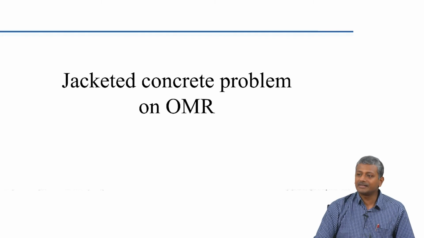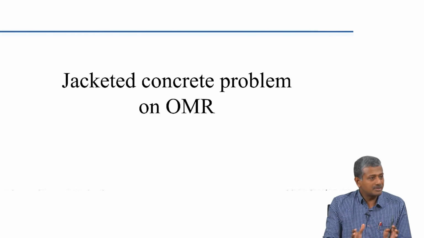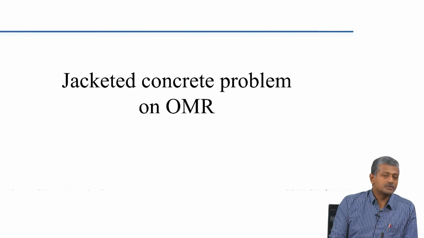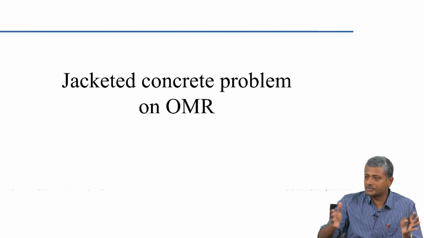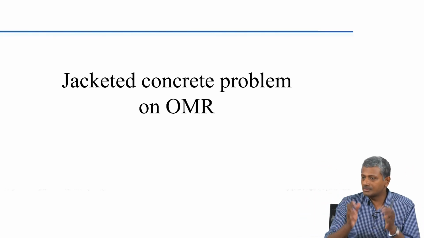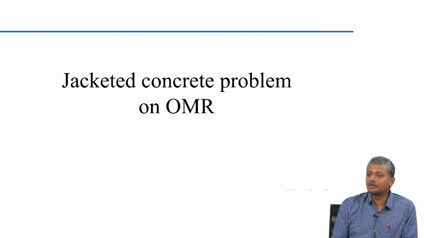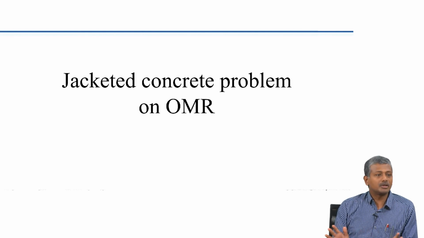So because of that they decided they will strengthen some of the columns, increase the size of some of the columns by jacketing. About 10 columns were chosen from the basement level to about the 3rd floor level to jacket, and that was considered sufficient. They also built some additional shear walls and things like that. All these jacketed columns were the ones showing the signs of corrosion. No other columns showed any corrosion.